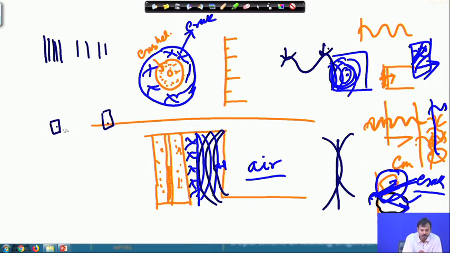So, in compression and dilation, this is in this direction, while returning back, this is in this direction. That means this particular element is under stress because of the front wave in this direction and because of the reflected wave in this direction.